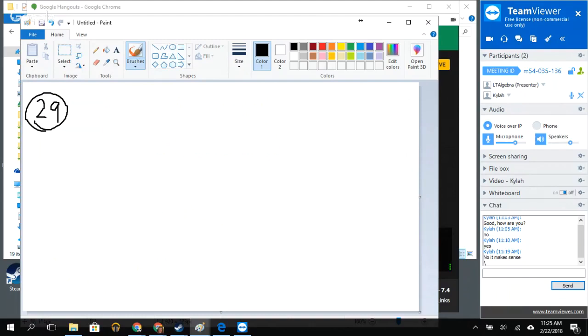Okay, so we have the log base 5 of 5x, and I want to simplify this expression. Let's see here.